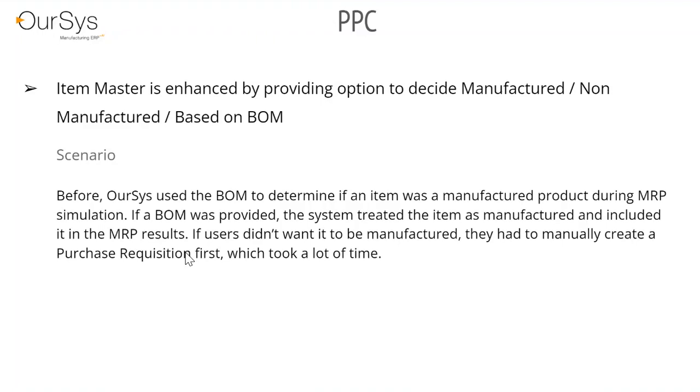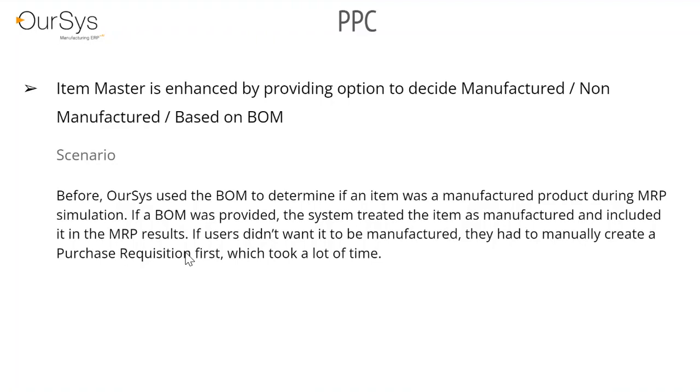So if there was a BOM for an item, the system automatically treated it as something that needs to be made and included it in the MRP calculation. And if the user didn't want the item to be treated as manufactured, they had to manually create a purchase requisition, which was very time consuming.